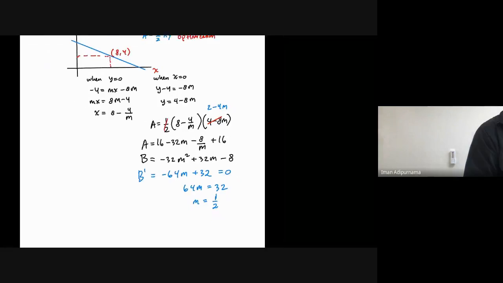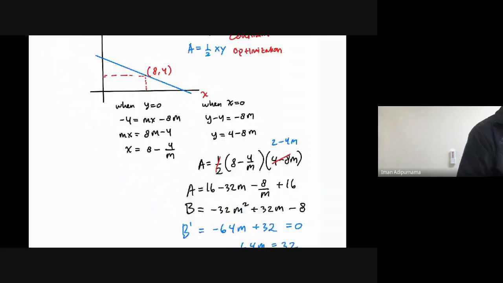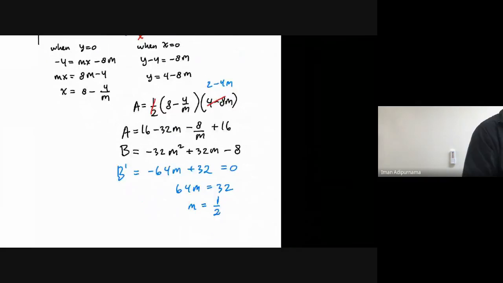But because our gradient is going down, we'll have negative half.